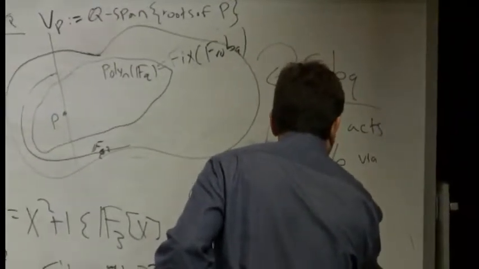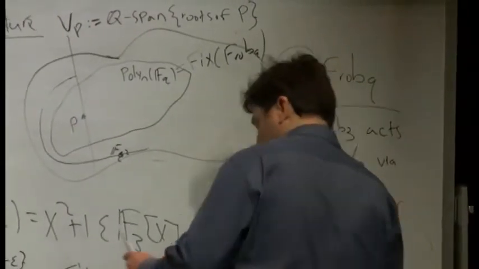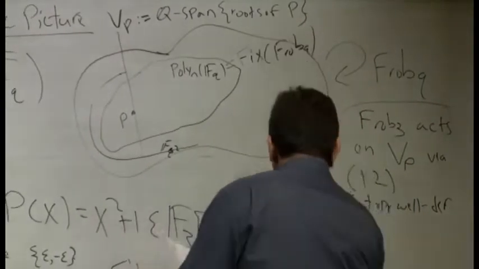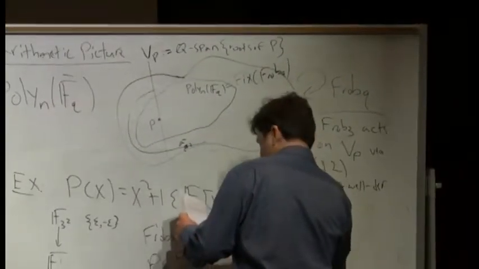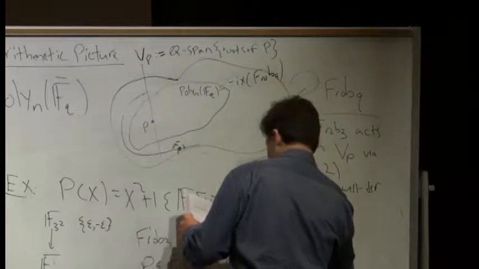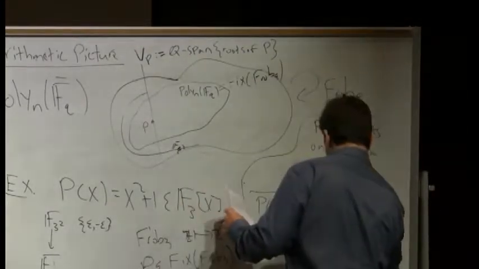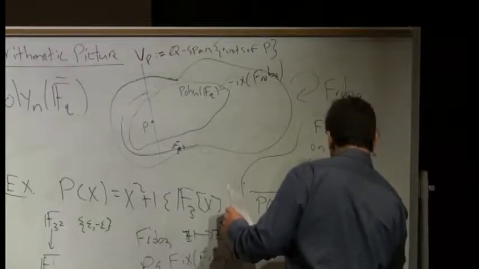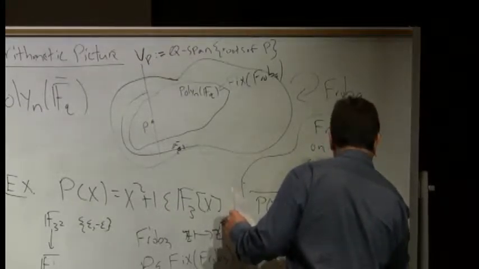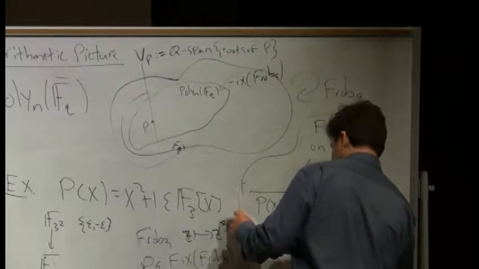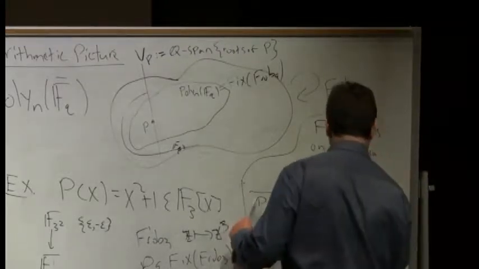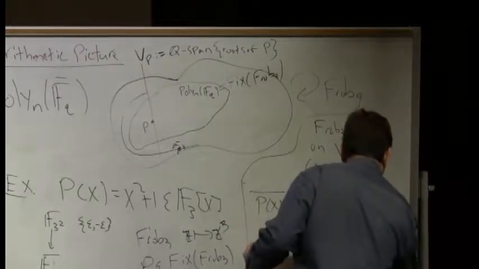So one more little thing, for example, is that if you take p of x equals x minus 1 times x squared plus 1, and this is fun, x cubed minus x squared plus x minus 1, sitting inside F3 of x. It's a degree 6 polynomial.